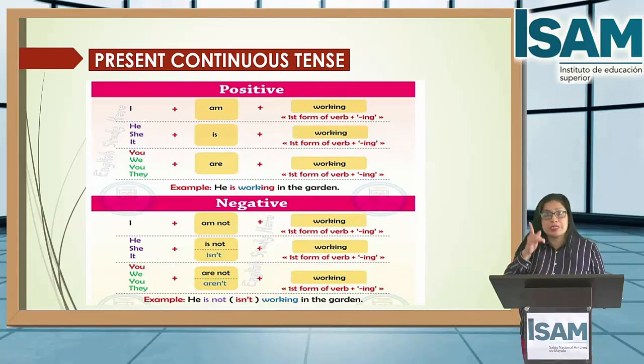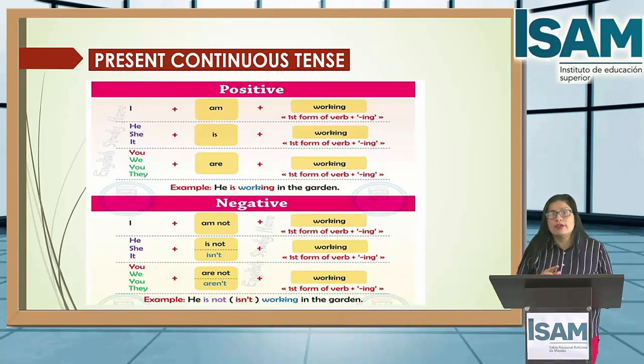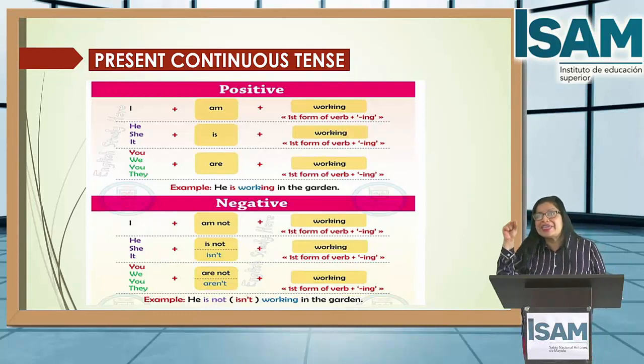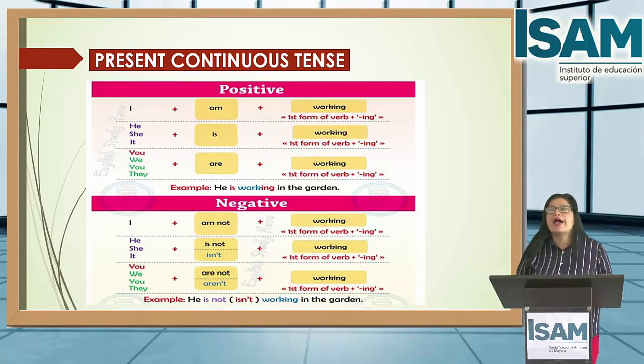Student, don't forget, in present continuous you have to add the verb to be and the verb with the ing. You don't say I'm working. No, I am working. He is working. They are working.